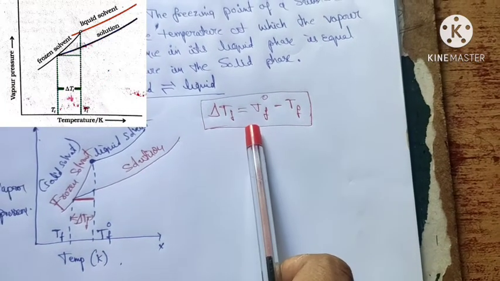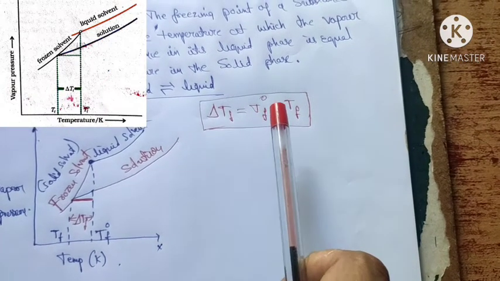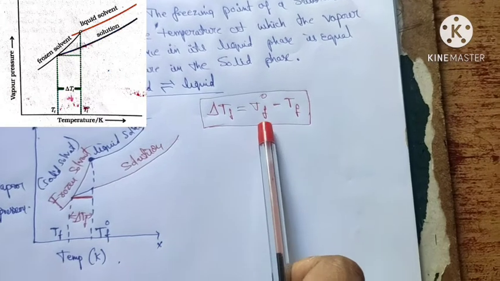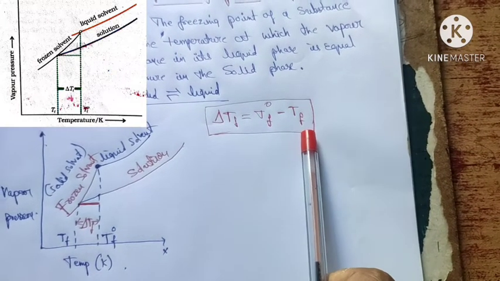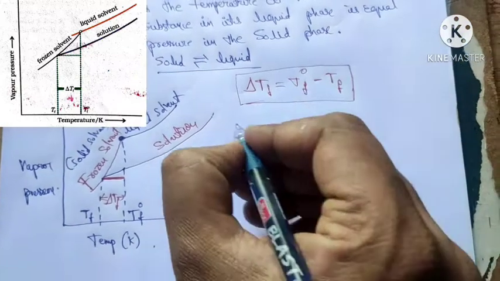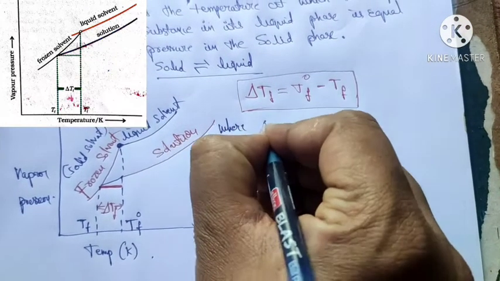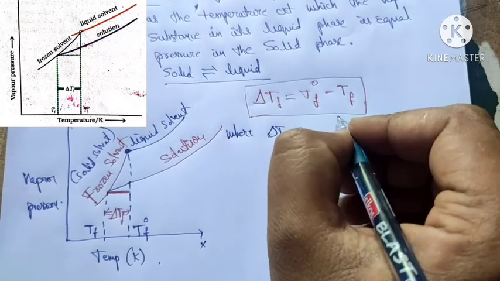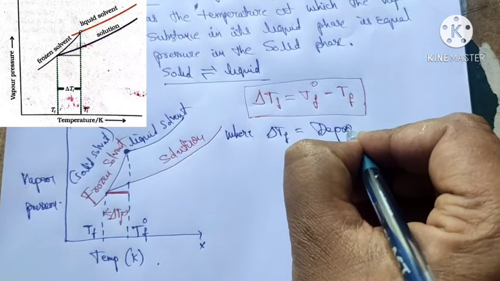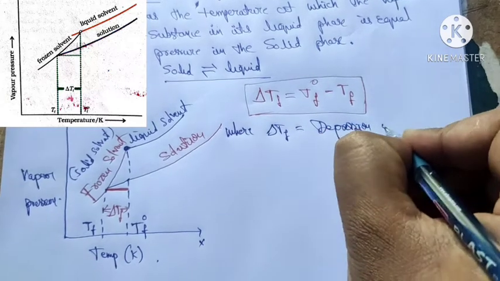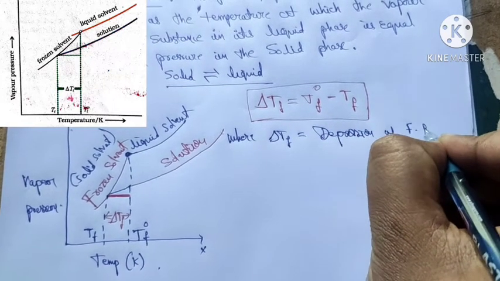The difference in the freezing point of pure solvent and freezing point of solution, where delta TF would be depression of freezing point.